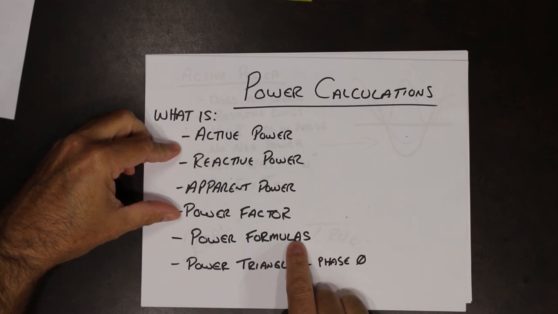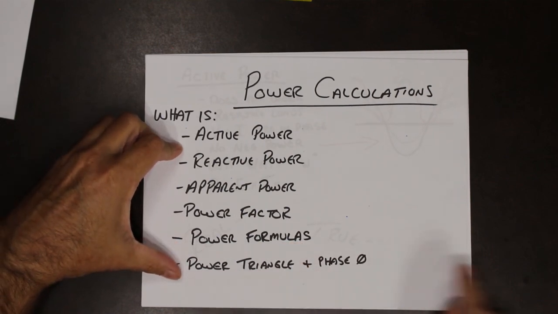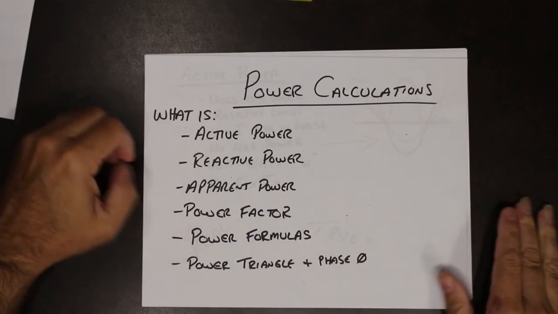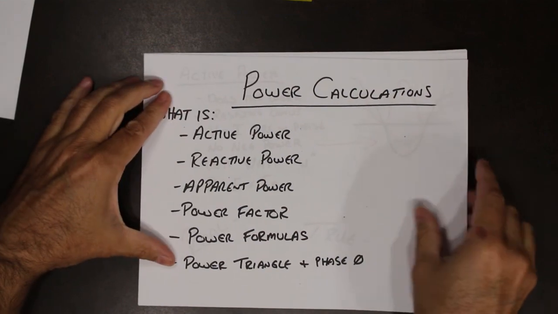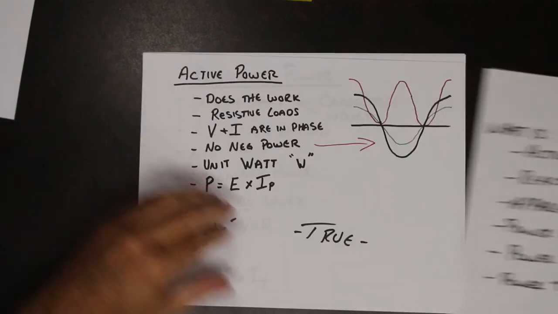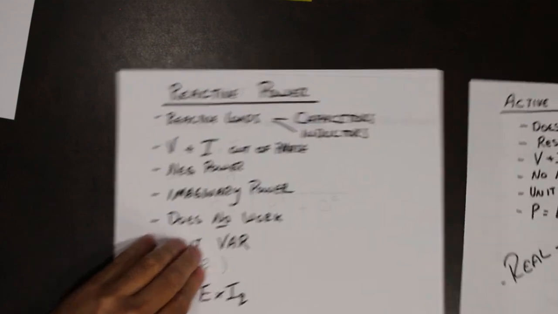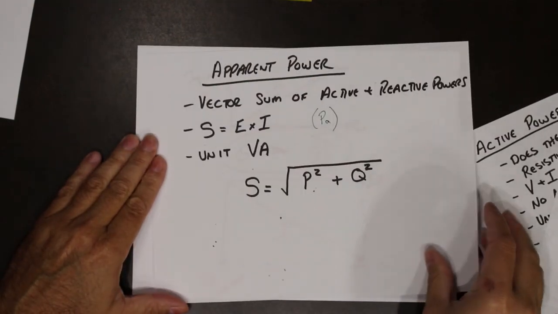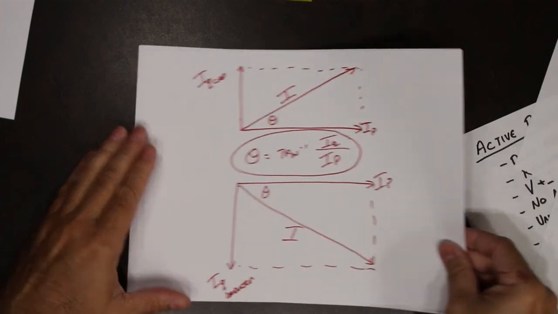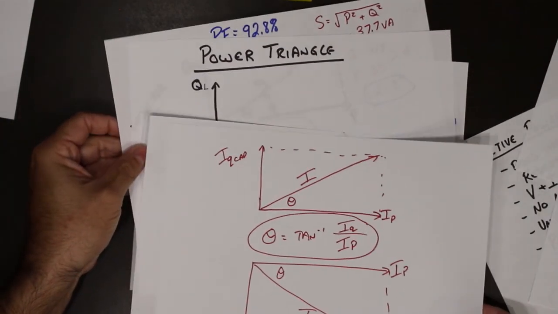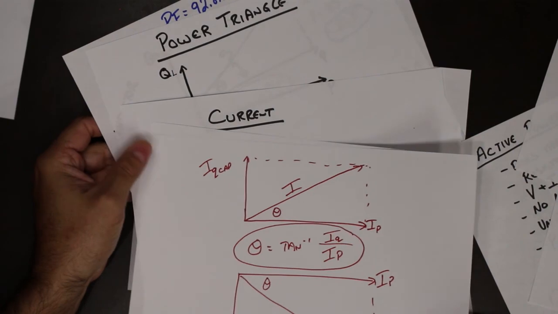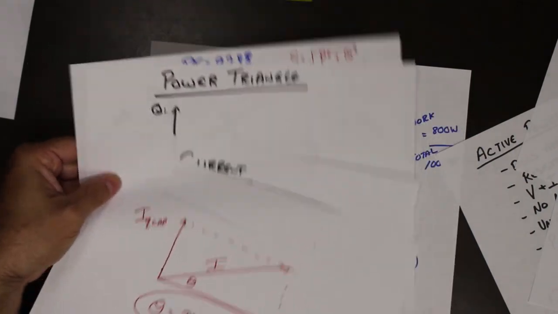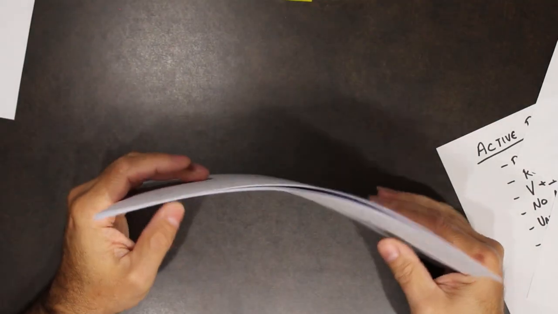We had a couple of formulas tossed in there, and the power triangle and how that relates to the phase angle of our system. Okay, so again, active power, reactive power, apparent power, and then some calculations based on power factor, current, and the power triangle.